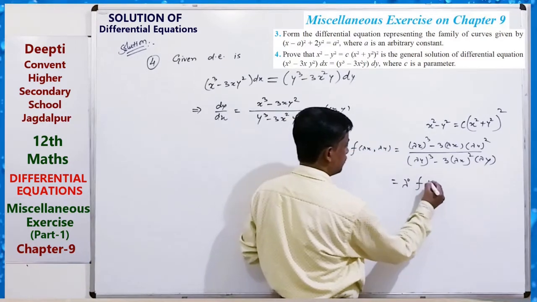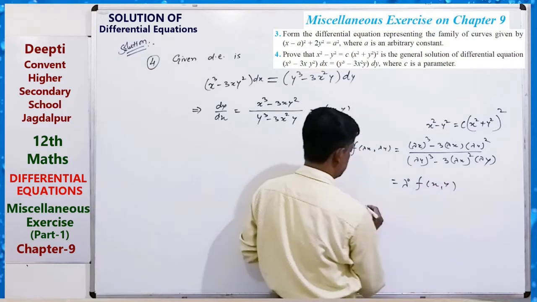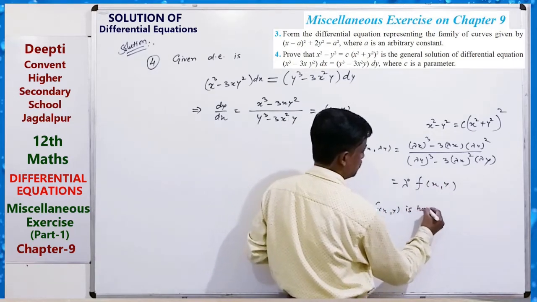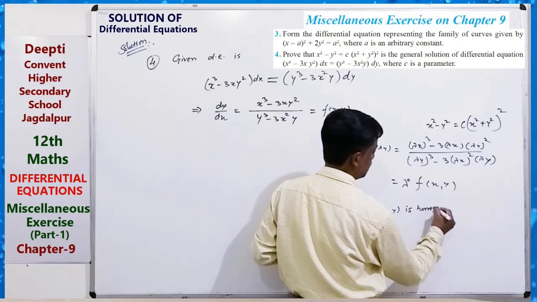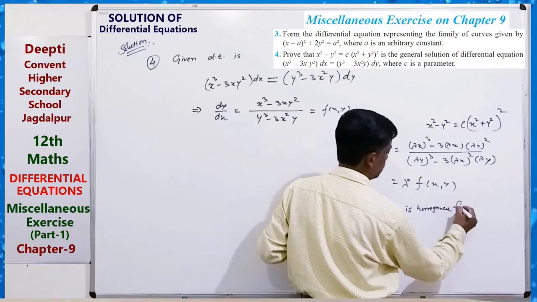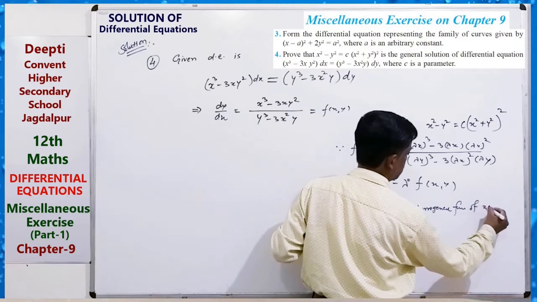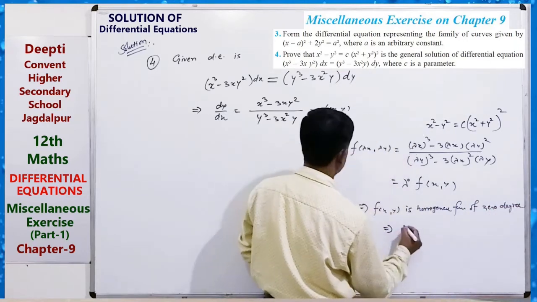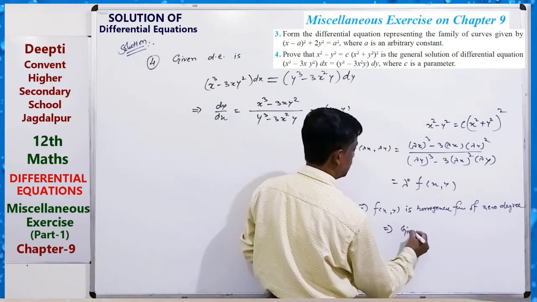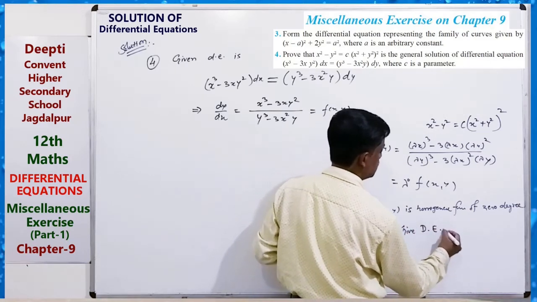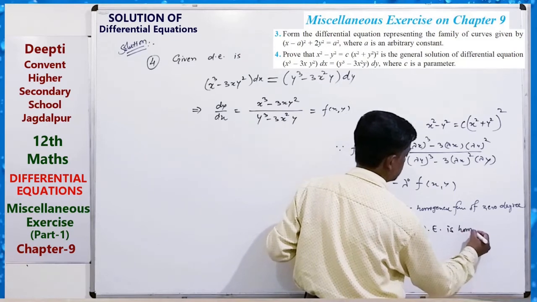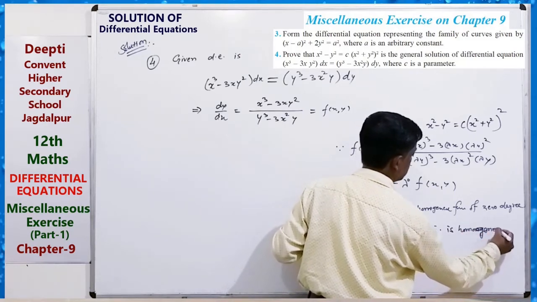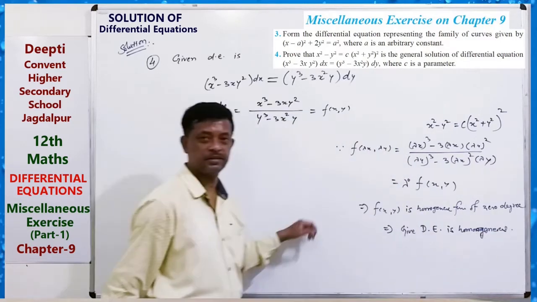So f of x, y is a homogeneous function of degree 0, which implies the given differential equation is homogeneous.